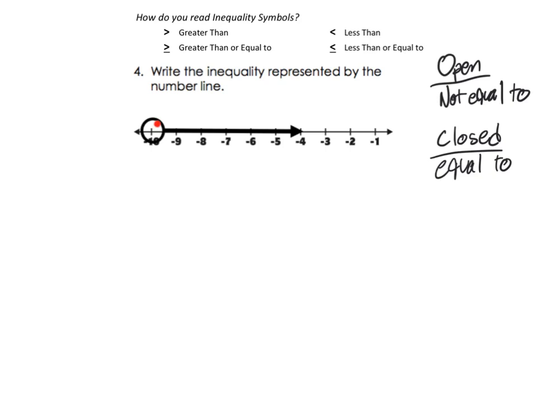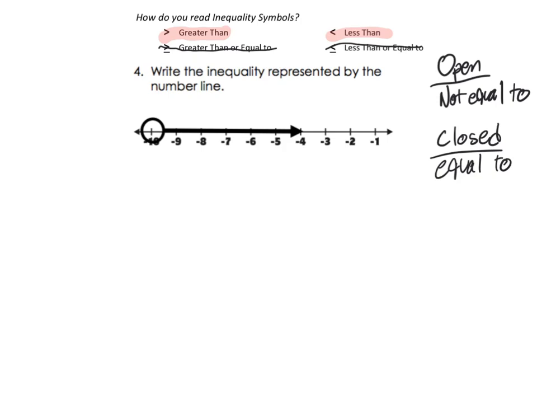So since negative 10 right here has the open circle, we know it has to be either greater than or less than. We cannot use the equal to because it is not filled in. So we can cross those out. Now that we have it narrowed down to those two, we should be able to figure it out.